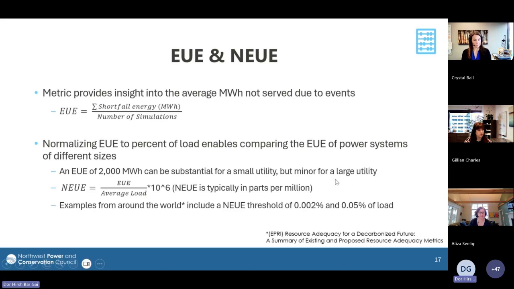It is still reported. I mentioned before in the overview, many of these metrics you will find reported in IRPs or adequacy work. They're just not the binding metric that's used to say we are adequate or not. It's just what we're also seeing.